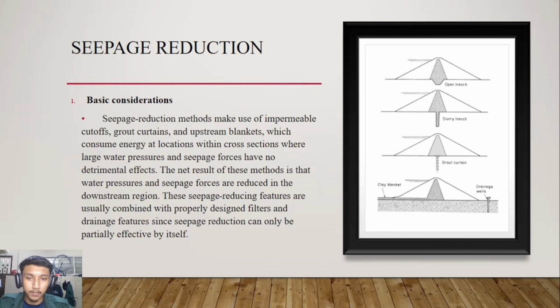The net result of this method is that water pressure and seepage force are reduced in the downstream region. These seepage reducing features are usually combined with properly designed filter and drainage features, since seepage reduction can only be partially effective by itself.